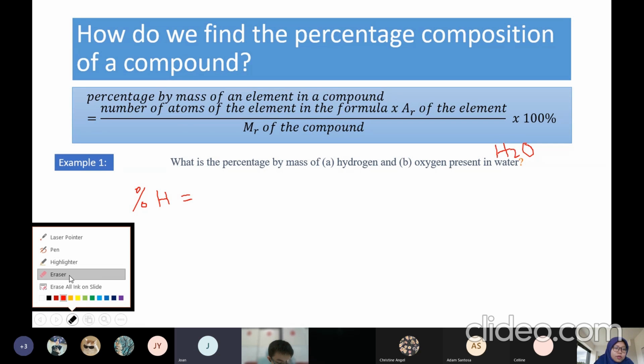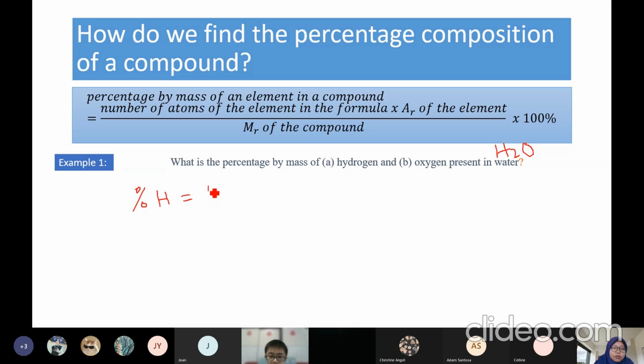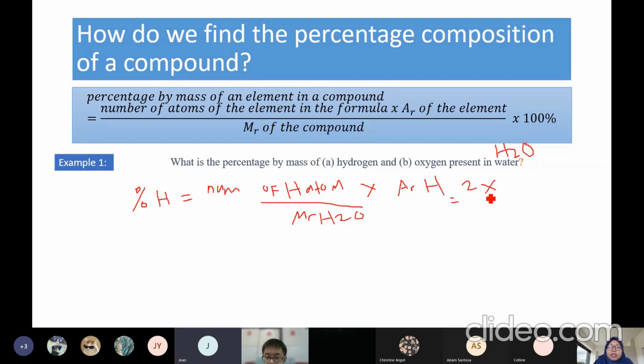Okay, repeat it again. So number of hydrogen atoms times AR of hydrogen over MR of H2O equals how many hydrogen atoms? 2 times 1, because the relative atomic mass of hydrogen is 1, over MR of H2O.